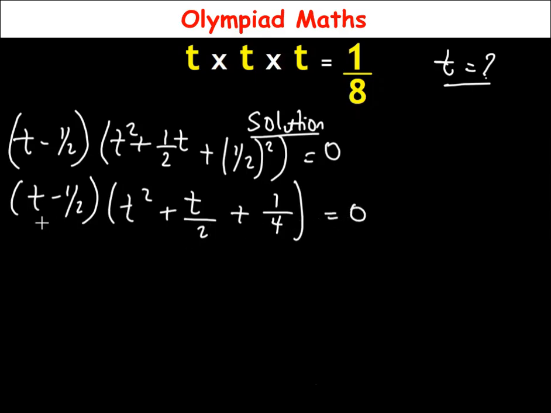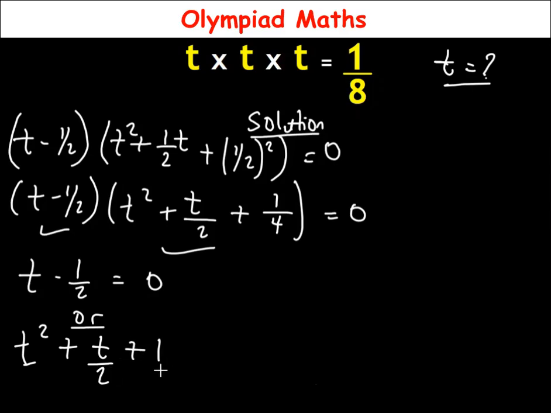From this, this can be equal to 0 or this can be equal to 0. For the first one, t minus half is equal to 0. If we move minus half to this side, t is equal to plus half. And this is the first value for t.